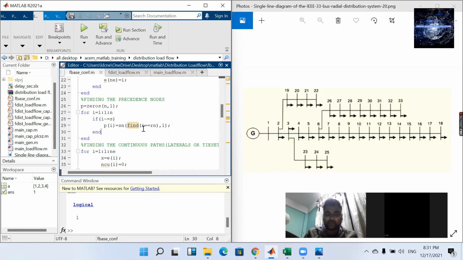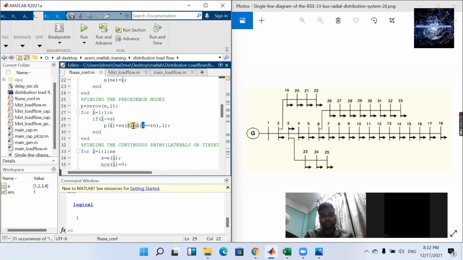So we have to equate that receiving node. Suppose i is that receiving node number, then we equate i to Rn, because Rn is the unique array, so it will correspond to only one point, or i will be equal to only one member of Rn. The index will be given by find.